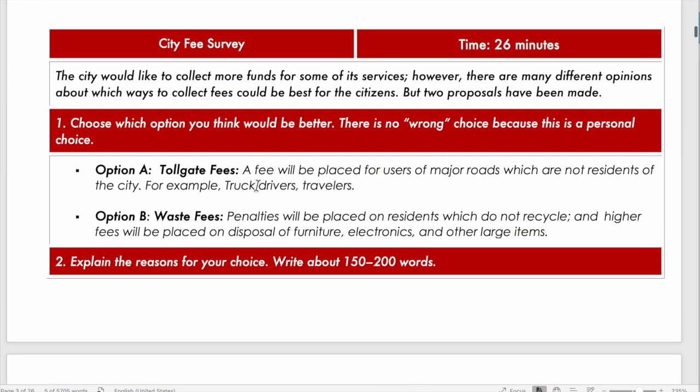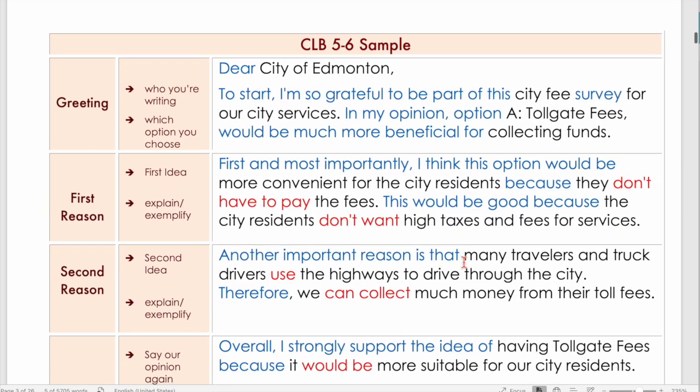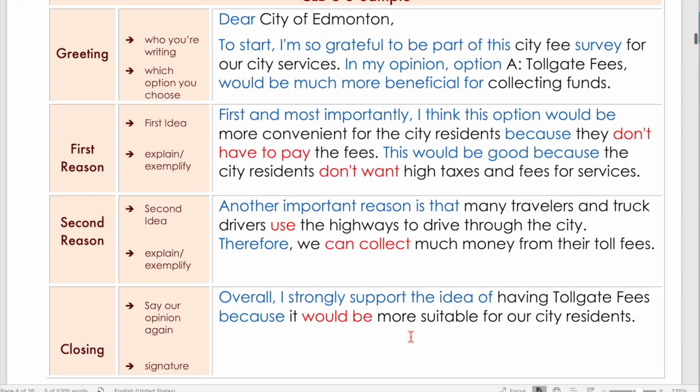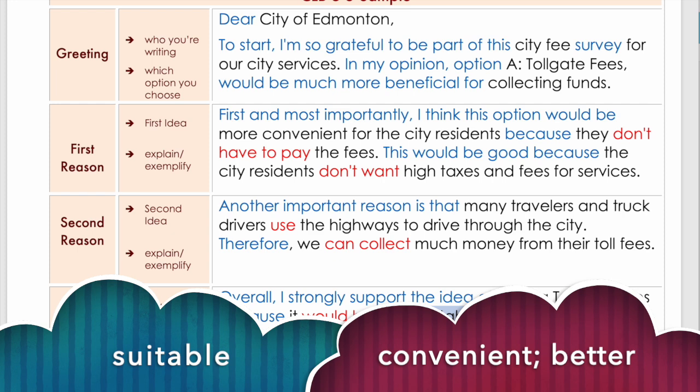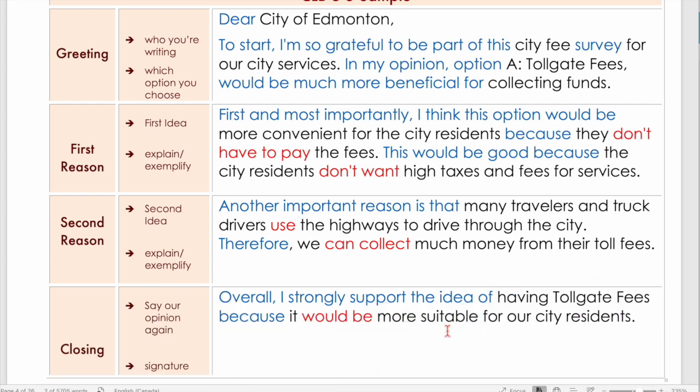Very good. We support toll gate fees. We support it. Why? Because it's more suitable, or it's just because it's better. Suitable, better for you. In here, better for our city residents. Okay, very good. We said our opinion again, and now we have the signature.